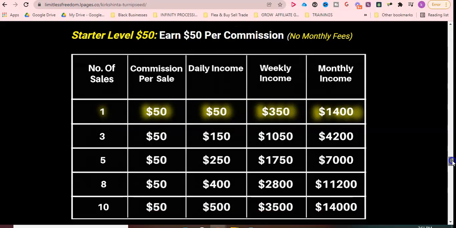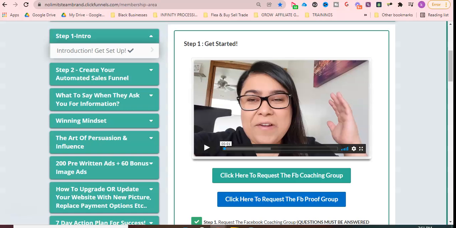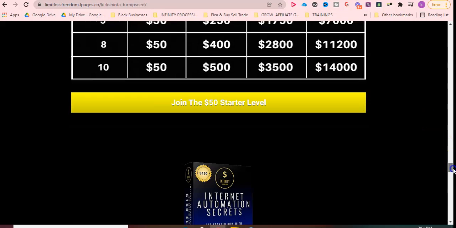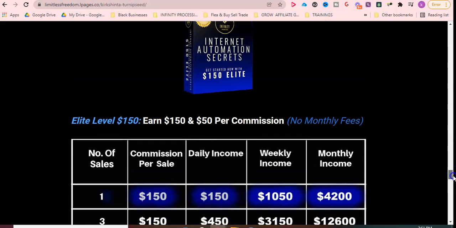Okay, so I just want to show you the earning income potential for each one of the levels. At the $50 commission, you feel free to go through my page and learn more about it. But assuming you make 1 sale a day, your weekly income would be $350, and your monthly income would be $1,400 from applying the strategies that are in the membership area. Okay, so let's say that you were at the elite level.